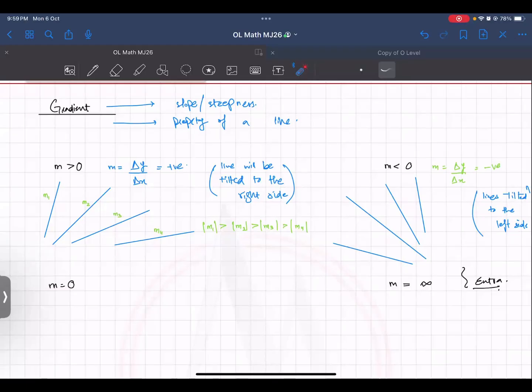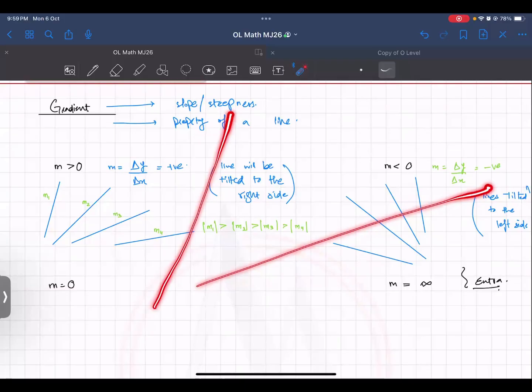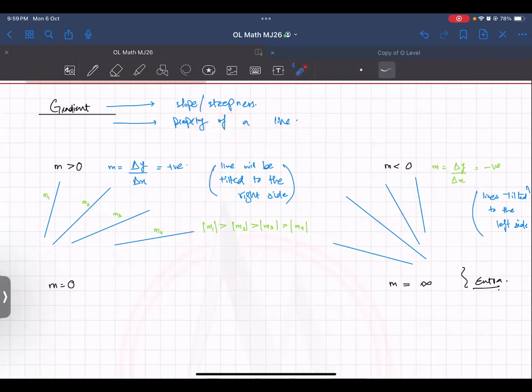So let's suppose there is one line which is like this and there's another line which is like this, which one is steeper, A or B? A. So the size of the gradient will be bigger for A. Okay.